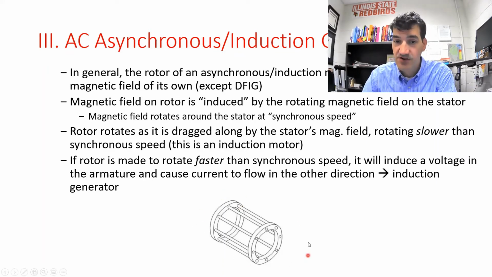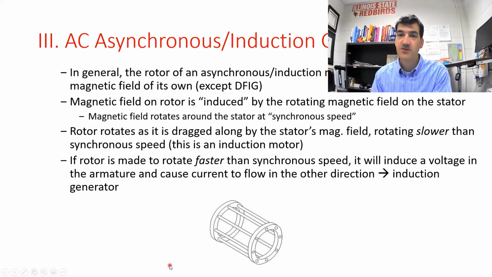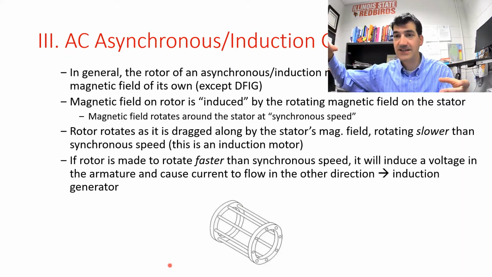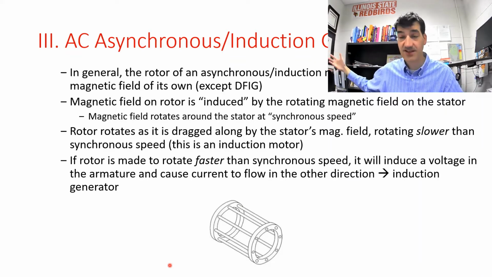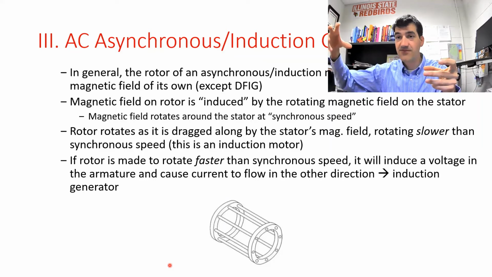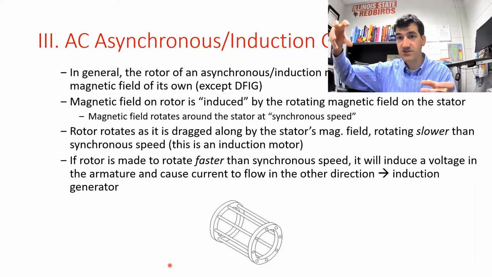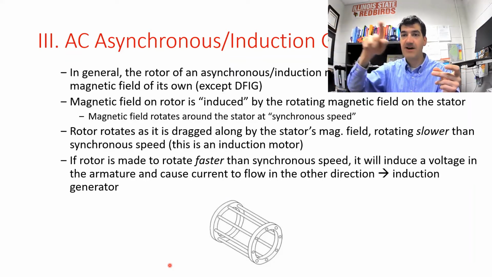Anyway, we've got this rotor. This is our rotor on the machine. And then around the outside, we have those coils of wire for the armature. What we do in this type of machine is connect the electric grid to the armature windings. So we're actually applying the electricity from the grid onto the armature. If you apply an AC electric signal to the armature, you will get a magnetic field that rotates around the armature.